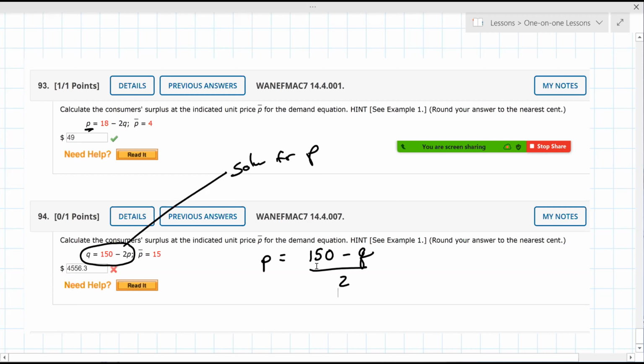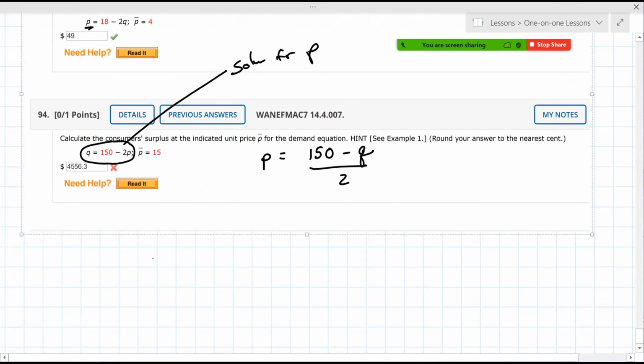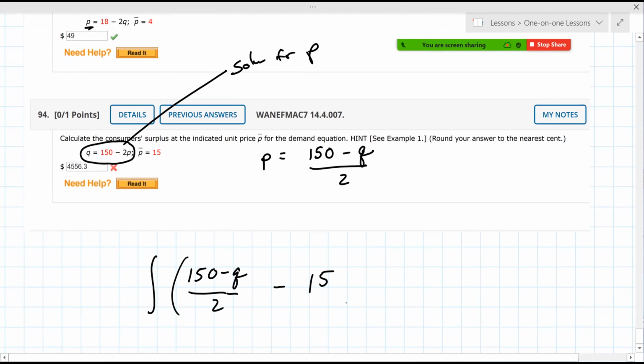And the formula we had to write this down, but you're integrating from, we'll get those bounds shortly. It's 150 minus q over 2 minus p in this case for consumer surplus. Yeah, and then we need to figure out where these intersect.